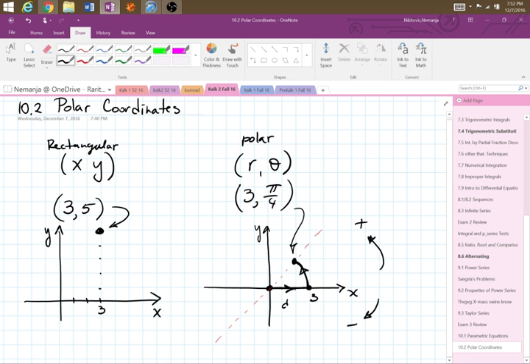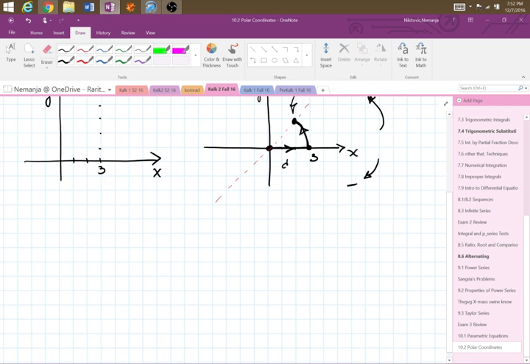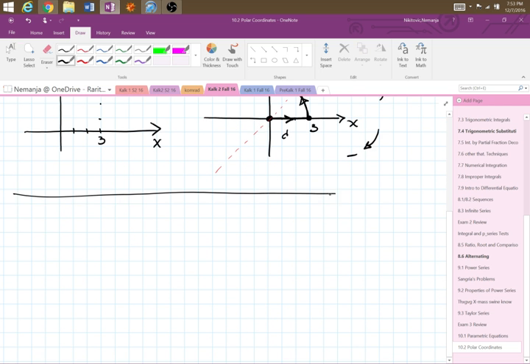You must learn both, not just to survive Calc 3, but to actually work with certain systems later on in mathematics and engineering. So the first order of business is to learn how to quickly graph points and understand how the polar system works, because that will help us later with setting up integrals and doing calculus.